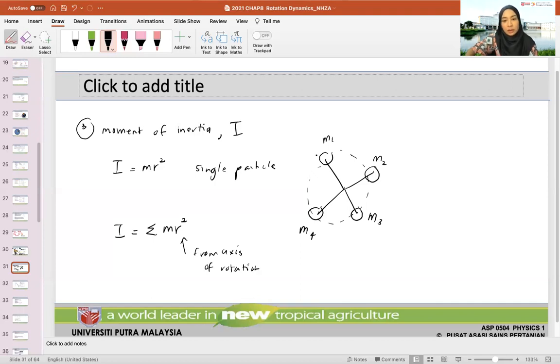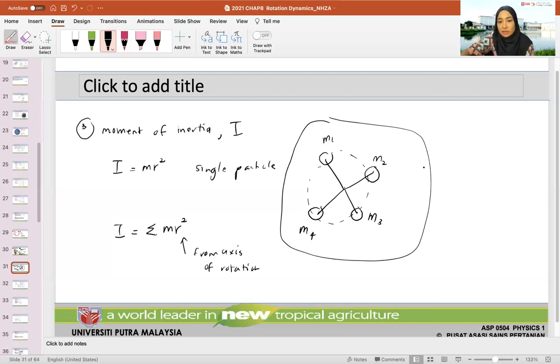Okay, so M1, what is the R? M2, what is the R? If they have the same R, great, you can use the same values. And you have to add them all together to find out what is the moment of inertia for this system. So if this system has 4 particles, you have to add them all together to find out the moment of inertia for this system.